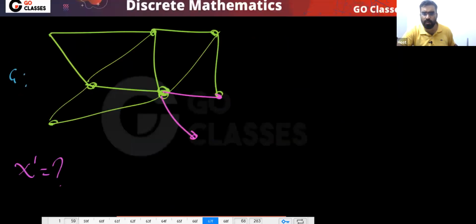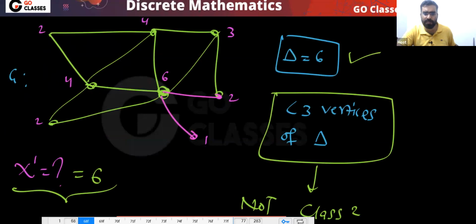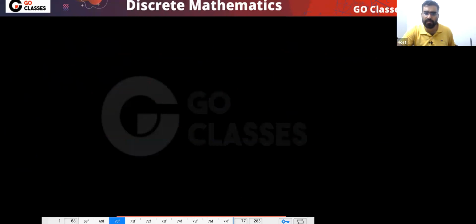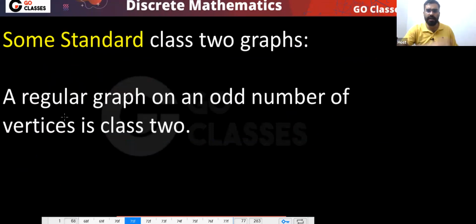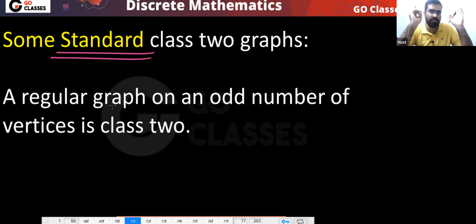There is no name for this property. This was proven by Vizing. It is part of Vizing's theorem. And this is one more standard thing, because in all the books I studied on edge coloring, I found this common thing.